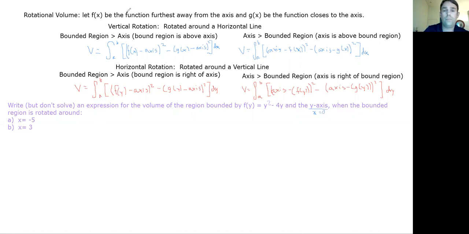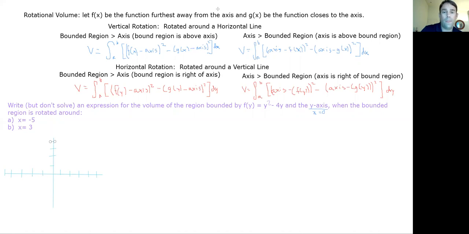So, in other words, if I write myself a graph here, just so we can see what's going on. 1, 2, 3, 4, 5. 1, 2, 3, 4, 5. 1, 2, 3, 4.